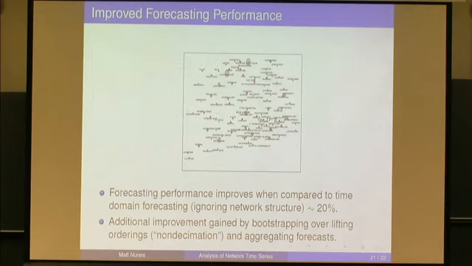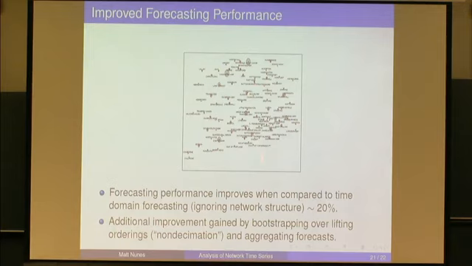So it's all very well. What does that actually do? It's a bit hard to see here, but this is a plot of the percentage improvement from doing time domain forecasts, ignoring any correlation structure, versus doing our lifting transform and then forecasting there.